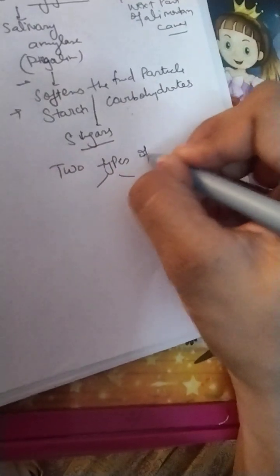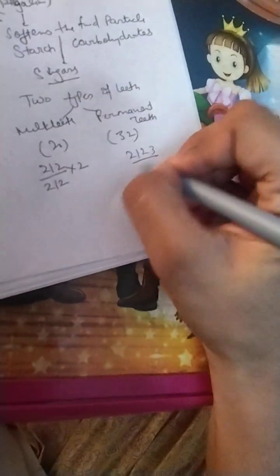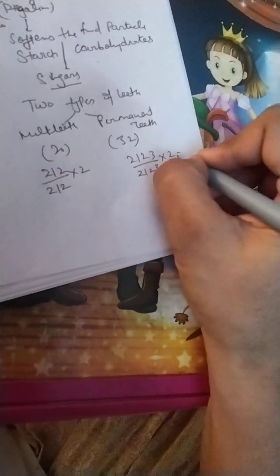Generally, there are two types of teeth: milk teeth and permanent teeth. Milk teeth are 20 in number and permanent teeth are 32 in number. The formula of milk teeth is this one, and permanent teeth is this one.